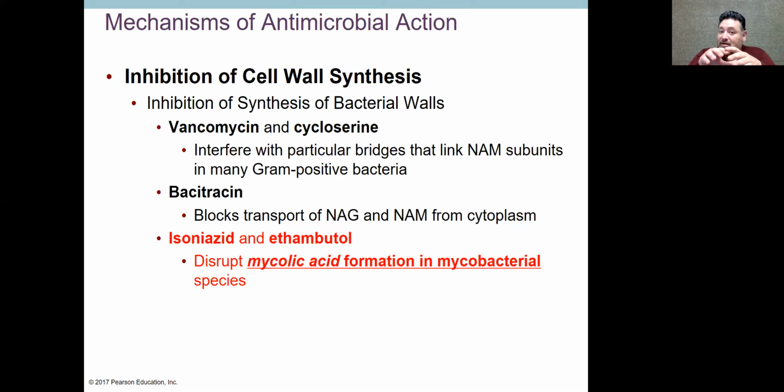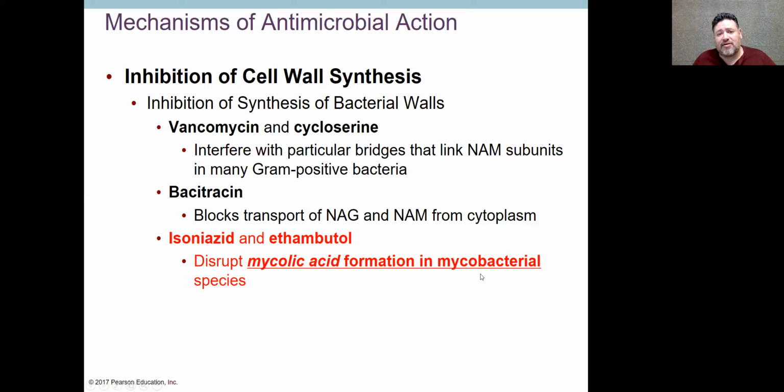Well, mycobacteria are worse. They are worse than gram-positive organisms, because gram-positive have a thick peptidoglycan cell wall. Mycobacteria have a thick, waxy wall that is incredibly difficult to penetrate. Furthermore, their metabolism is typically very, very, very slow.